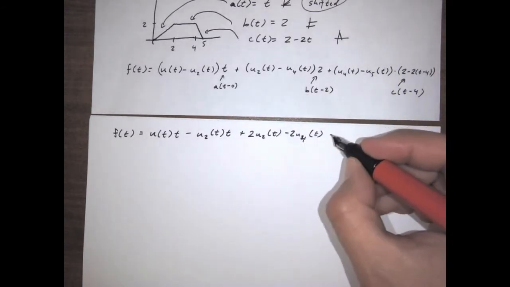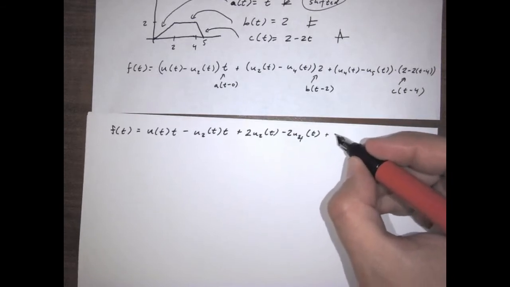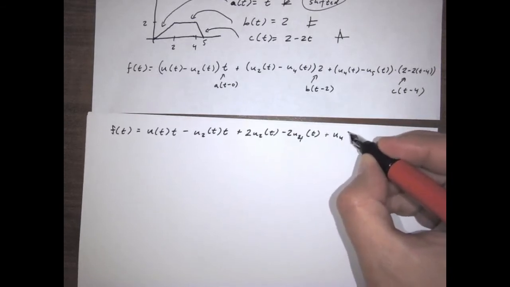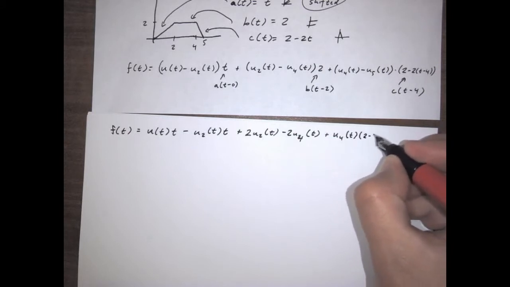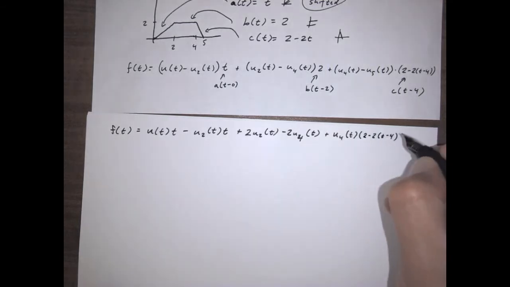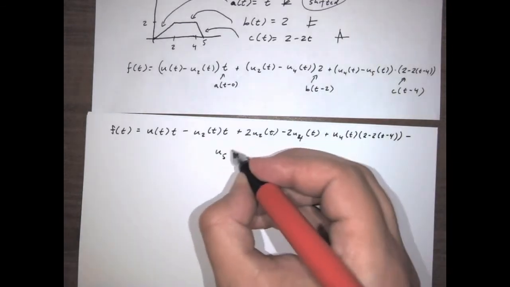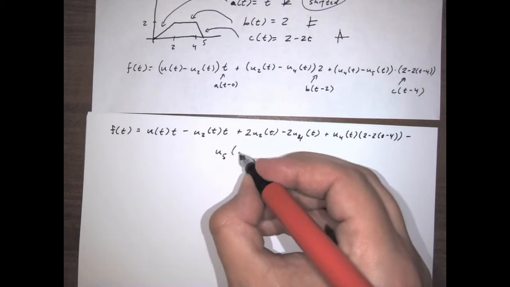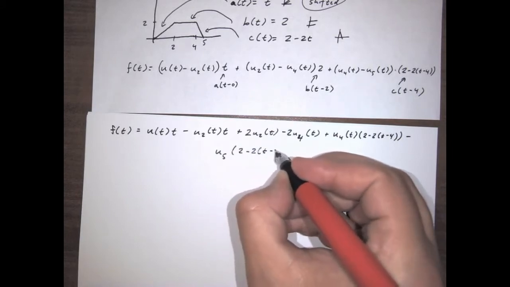And then how we're going to do this next part is we're going to just do plus u4 of t times 2 minus 2 times t minus 4. I'm not going to do anything more with that part. Minus u5 times 2 minus 2 times t minus 4.